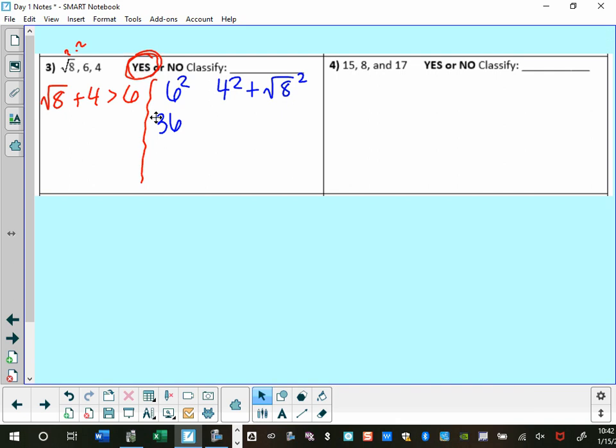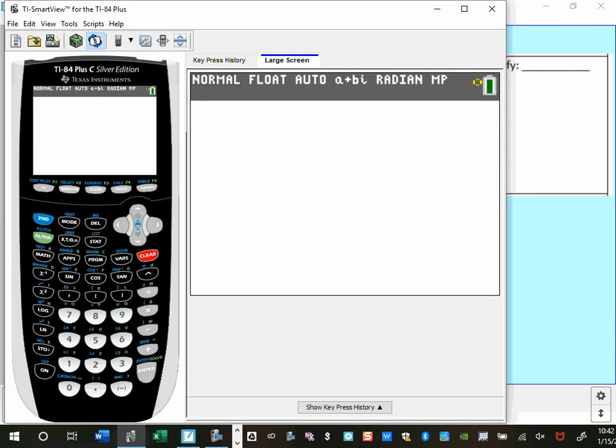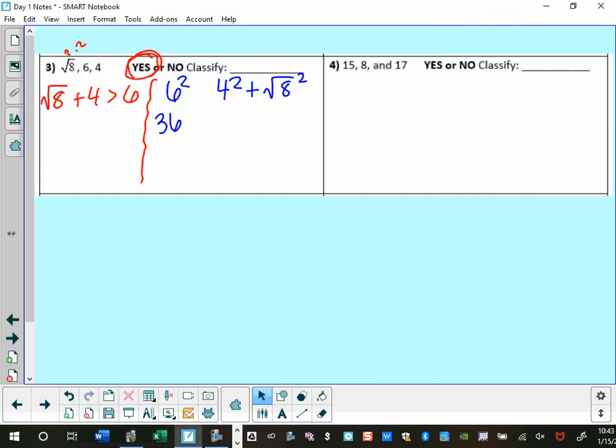If you type this into your calculator, 4 squared plus square root of 8 squared, you should get 24. Which one is bigger, 36 or 24? 36. So that means 36 is greater than 24, so we can classify it as obtuse.